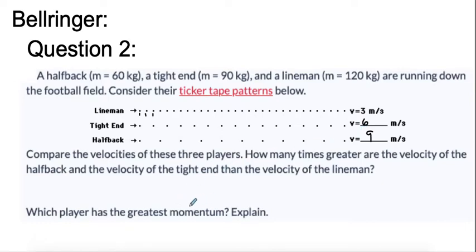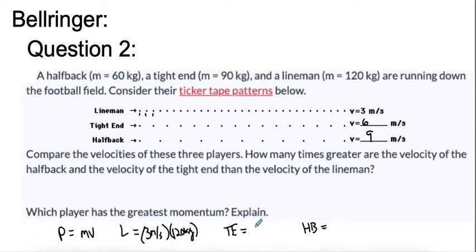So which player has the greatest momentum? In order for us to figure that out, remember, momentum equals mass times velocity, and we'll have to find that for each one of those. So we'll find it for the lineman, the tight end, and then the halfback. The lineman is going to be 3 meters per second times that mass, 120 kilograms.